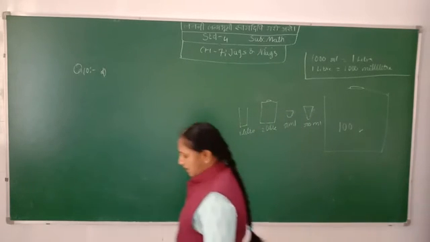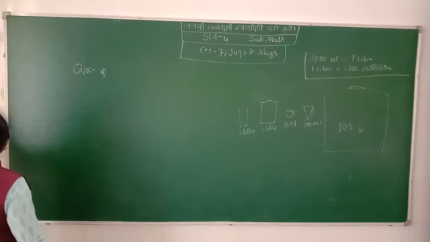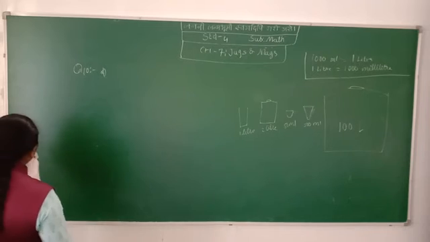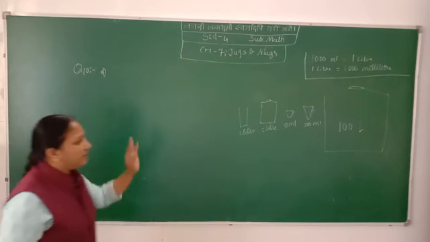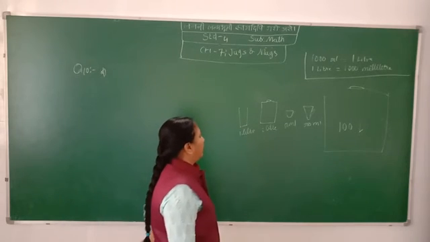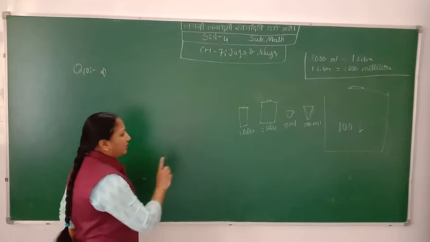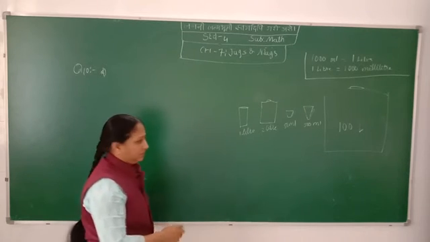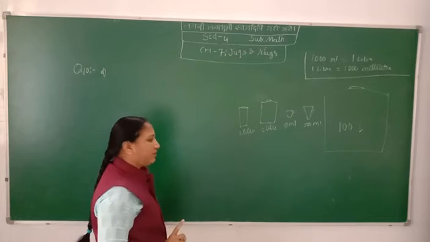Now they are asking, if we are taking every pot, how many pots will be required to fill this 100-liter tank? Suppose first of all I am having the 1 liter pot.